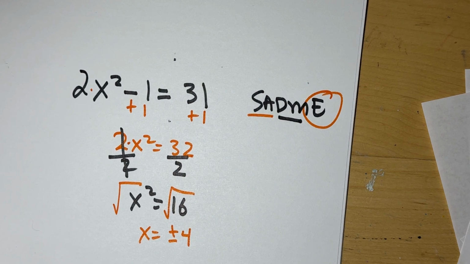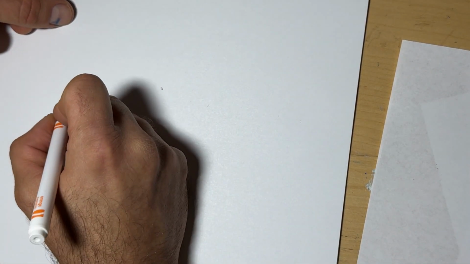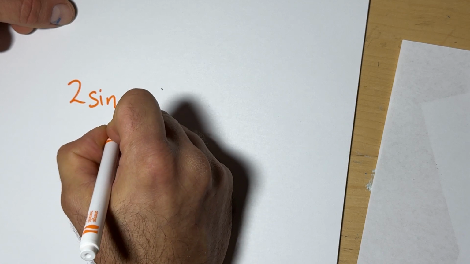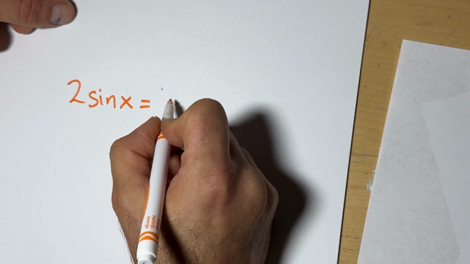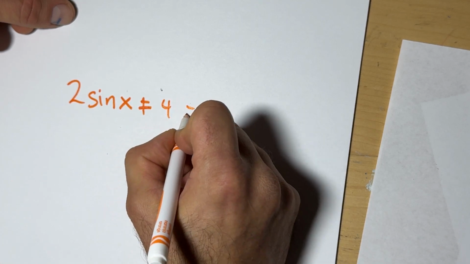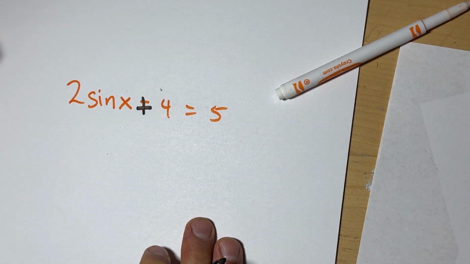Even in things with sine and cosine and tangent, as you get into geometry and trigonometry, you could have something like 2 sine of x plus 4 equals 5. This is a plus. We're going to do the same things.